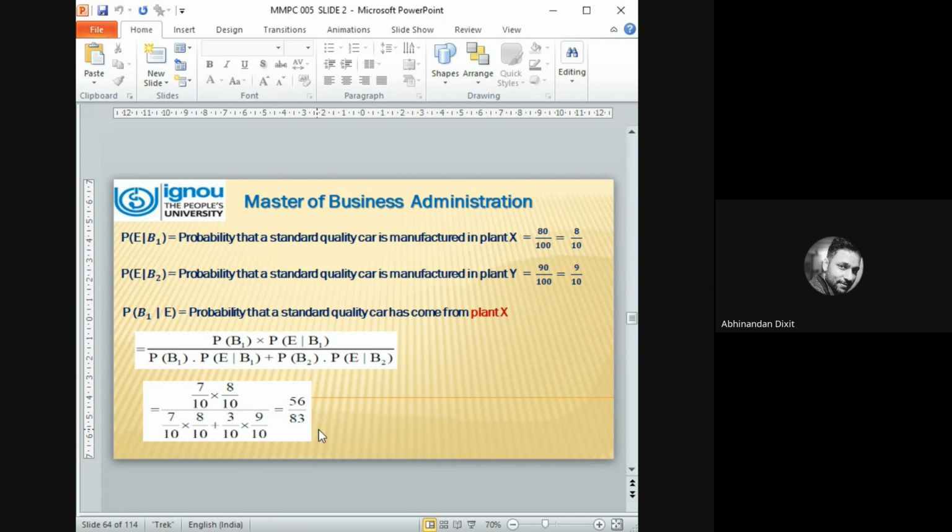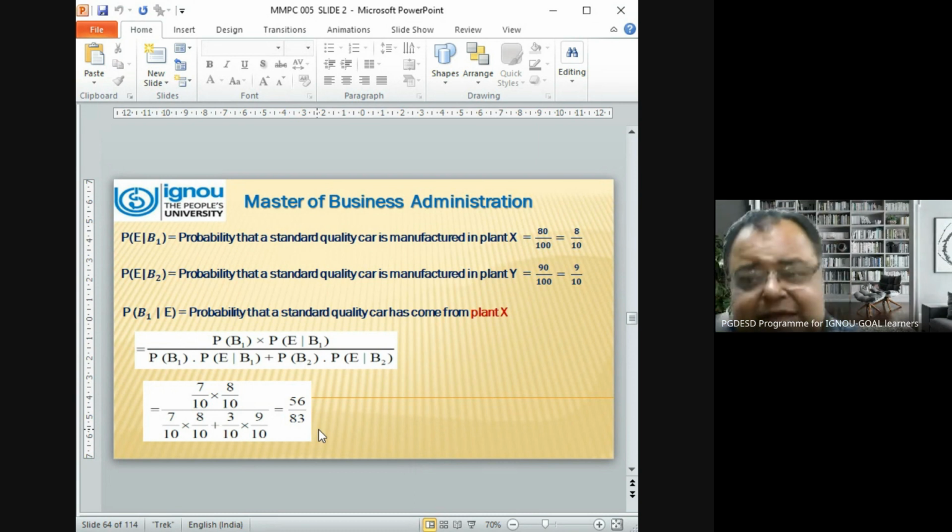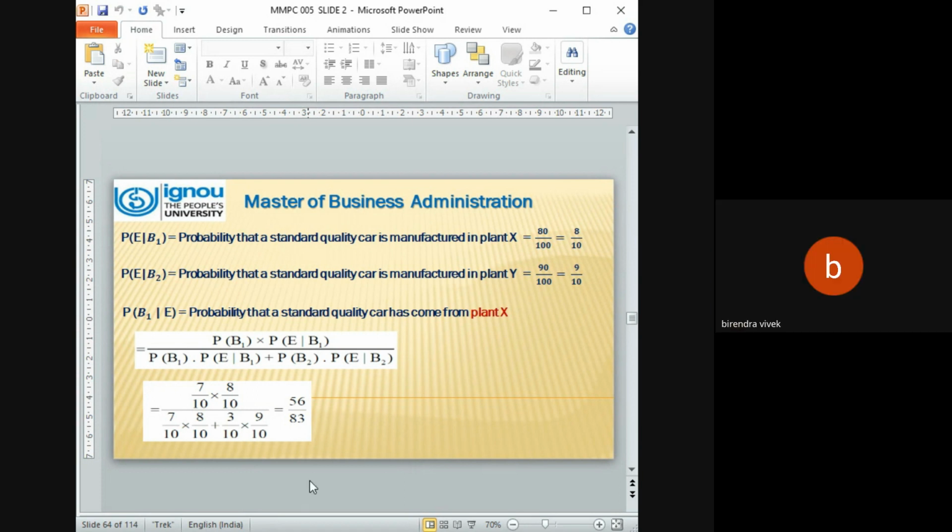That is the numerator, and the denominator will remain the same, 83. That means probability of success plus probability of failure is equal to 1. Mathematically, what did you do? You did 1 minus 56 by 83. That is what you did, right? Yes sir.